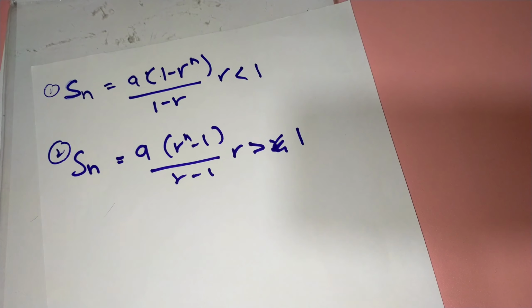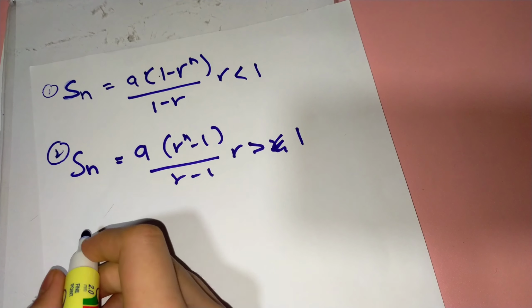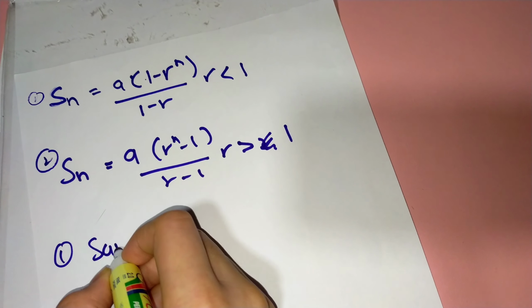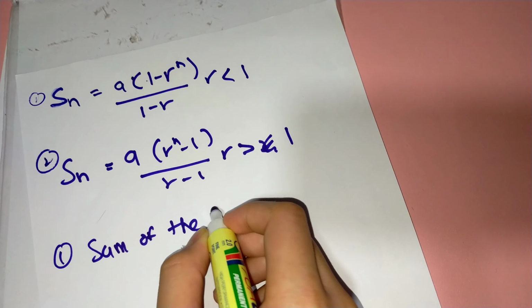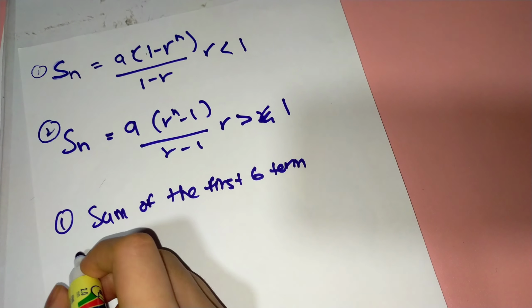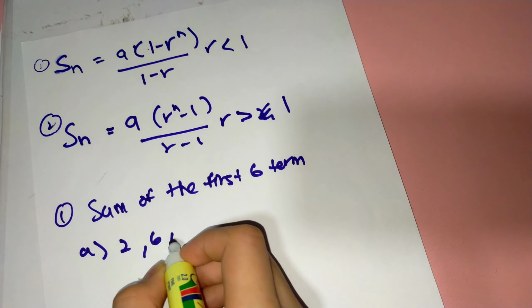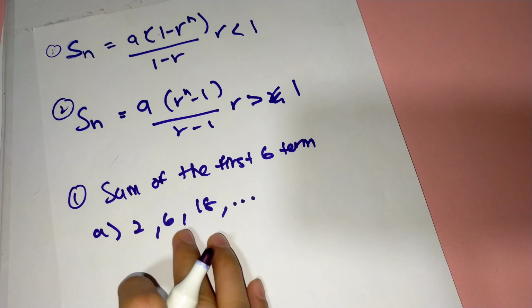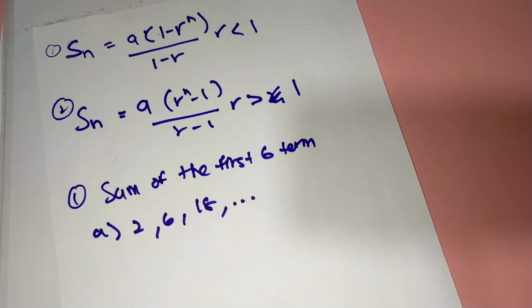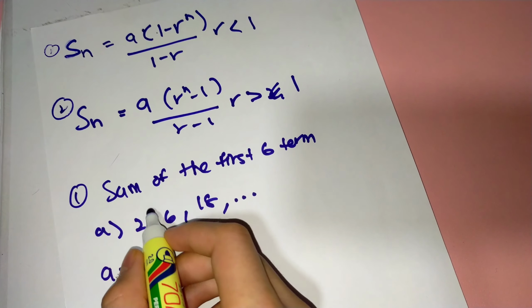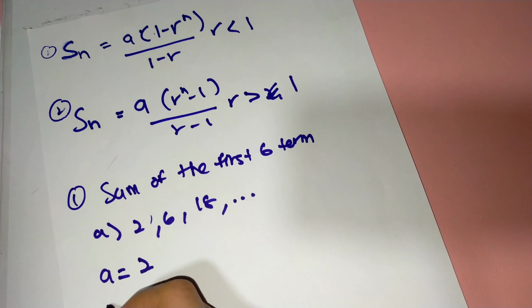Okay, so I will do a sum question. If the question wants us to find the sum of the first 6 terms, like this, you must find A, which is the first term. We have the first term as 2. Find the ratio.